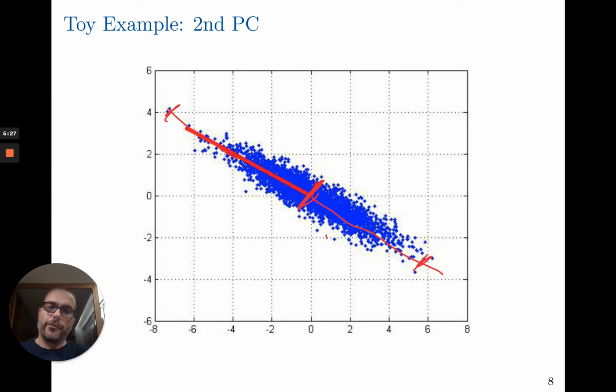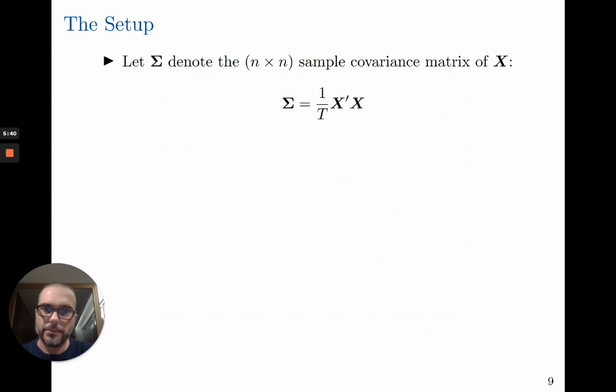Okay, so the first direction accounts for most of the variation in the data, and the second direction takes just the residual variation. Okay? So it's a very powerful technique. So how do we find this new set of axes? How do we determine this rotation?